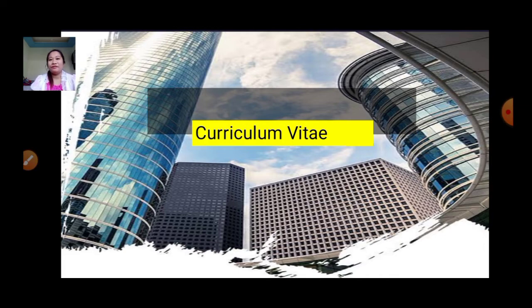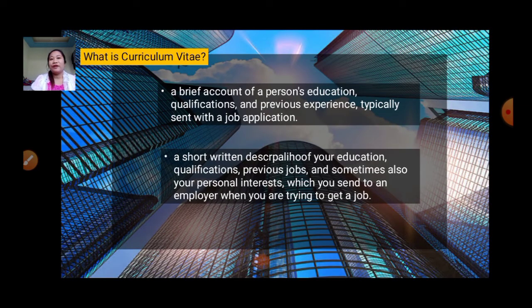So what is a CV? A CV is a brief account of a person's education, qualifications, and previous experience, typically sent with a job application, or a short written description of your education, qualifications, previous jobs, and sometimes also your personal interests, which is sent to an employer when you are trying to get a job. CV, in a Latin word, means course of life, or your academic life story.